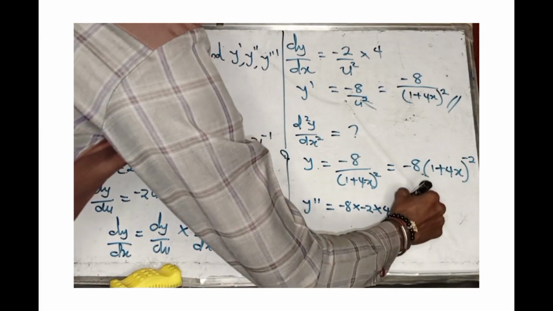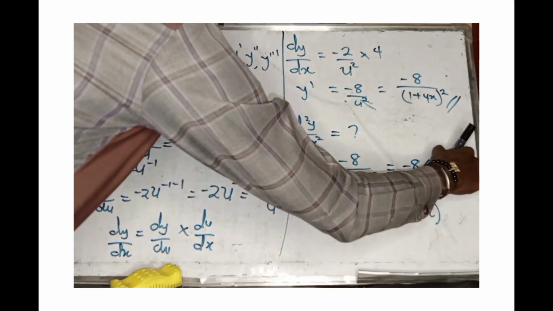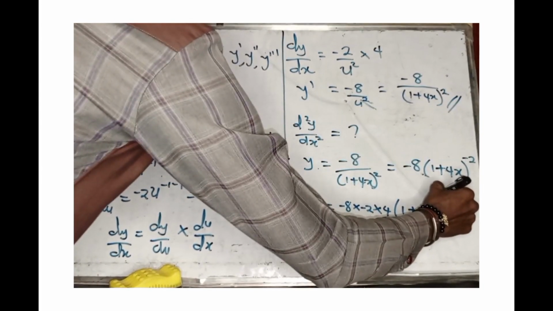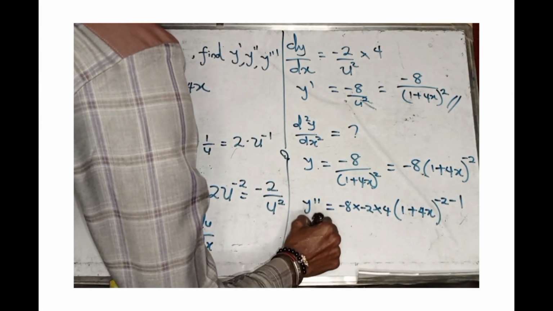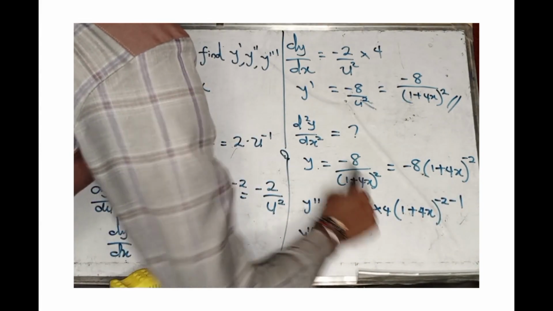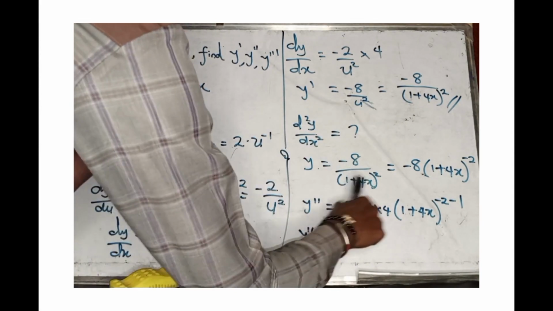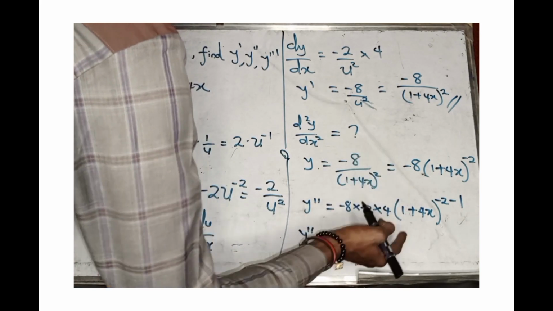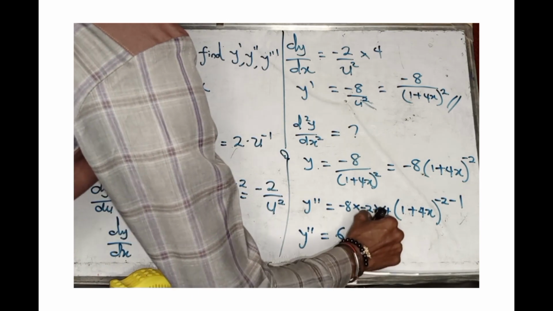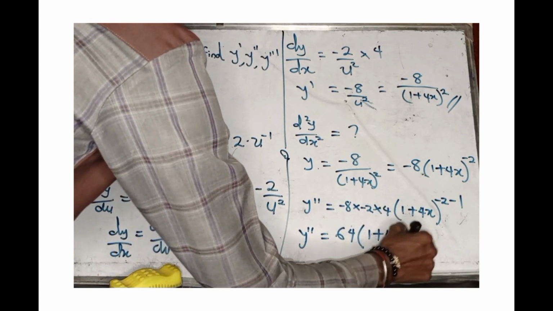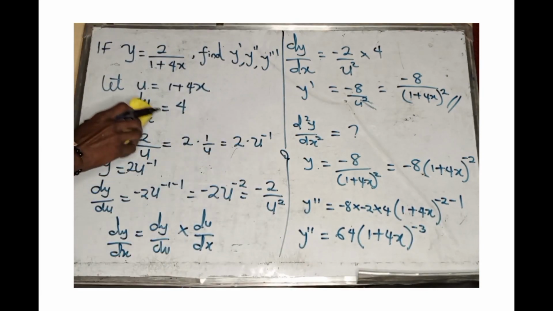Putting everything back in the brackets as it was given, then power minus 2 minus 1, which is minus 3. So now my y prime prime finally becomes minus times minus is plus. 2 times 4 here is 8. 8 times 8 is 64. So I have 64 here, then in bracket 1 plus 4x, then power minus 3. Is that clear? So that is my y prime prime.